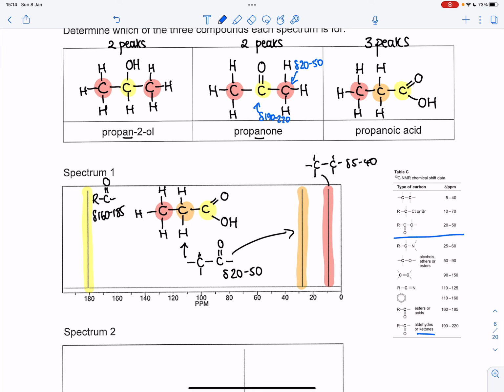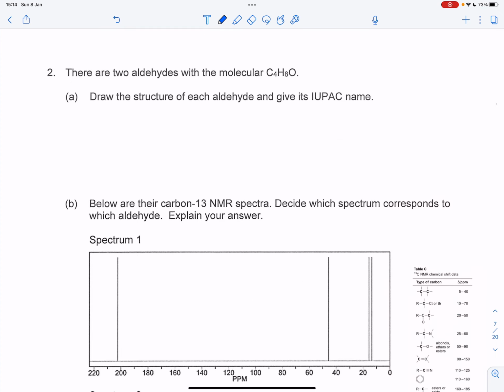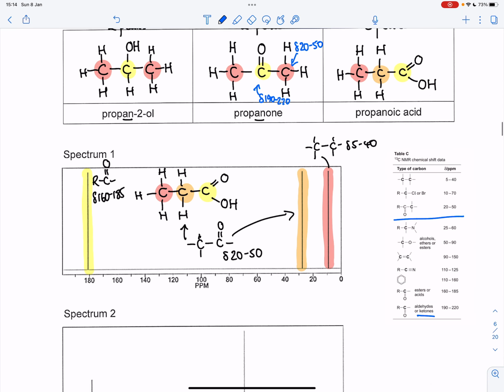So we'll be looking for a spectrum with those two, whereas on propan-2-ol, we'd be looking for alcohol, ether, ester. This one would be 50 to 90. And then the other two would just be ones that are on the end, and so we'd be looking for 5 to 40 for the red type.